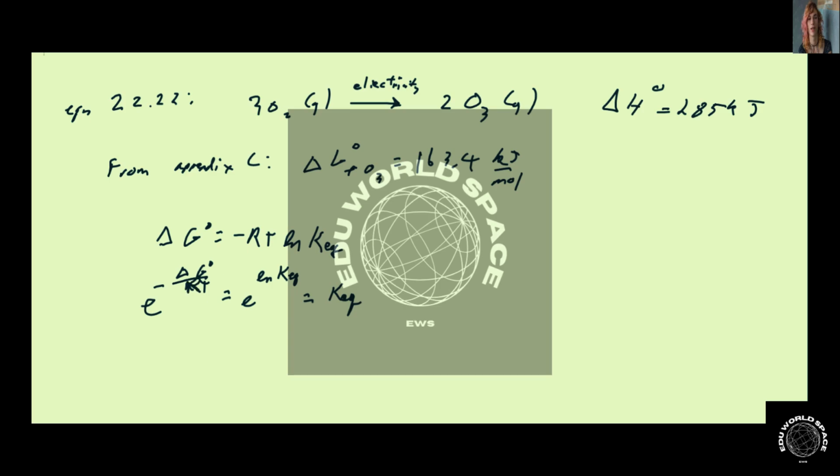Now we just have to make sure that the units in this exponent are correct, and we're inputting the correct delta G values. So for this reaction, we have 2 moles of ozone, so we'll multiply this by 2. These oxygens are in their standard states, but the ozone is not. So the delta G of this reaction is just 2 times the ozone.